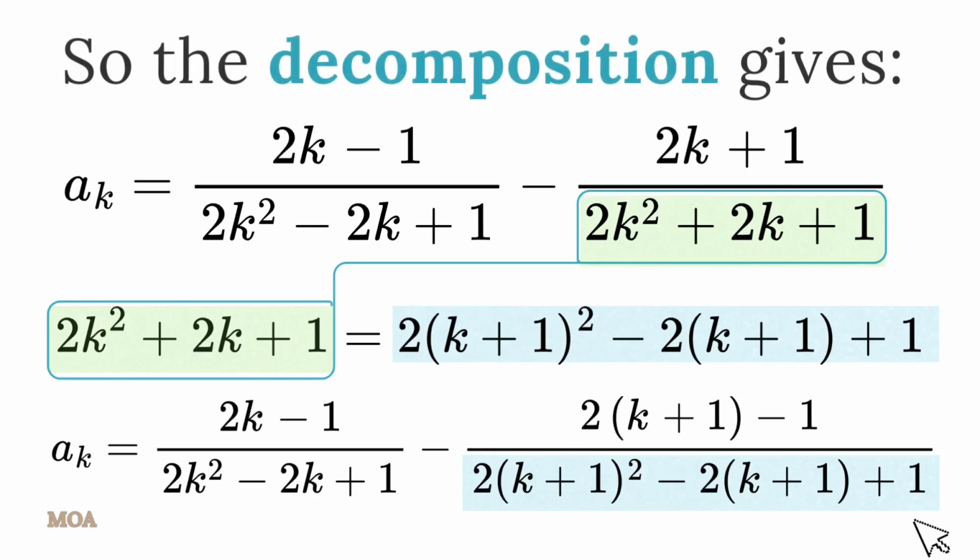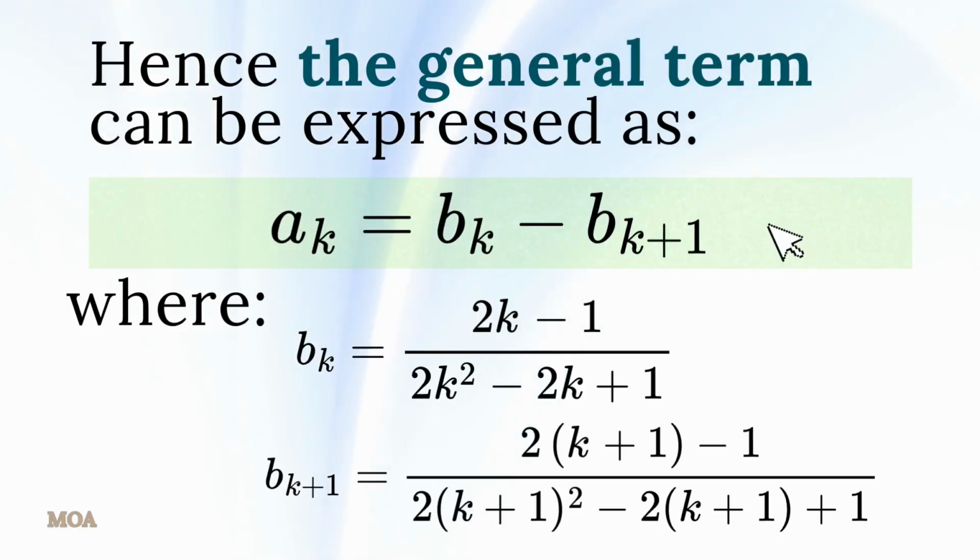Replacing this expression in the previous general term formula, we obtain the equivalent form written as A sub k equals the quantity 2k minus 1 over 2k squared minus 2k plus 1 minus the quantity 2 times k plus 1 minus 1 over 2 times the quantity k plus 1 squared minus 2 times the quantity k plus 1 plus 1.